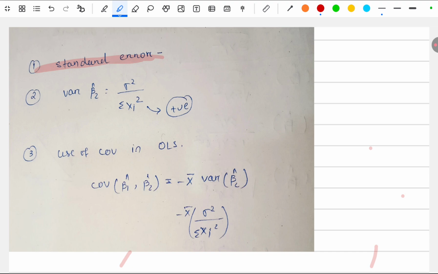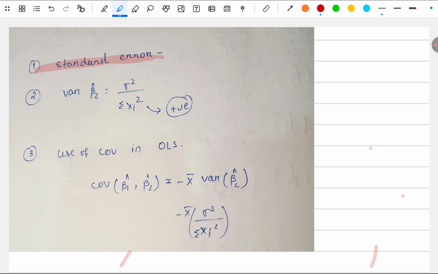So standard error is used to check the reliability and precision of the estimator, that is beta 1 hat and beta 2 hat, because beta 1 hat and beta 2 hat are not fixed values; they vary from sample to sample. The data varies from sample to sample, and as a result the values of beta 1 hat and beta 2 hat depend upon the data.